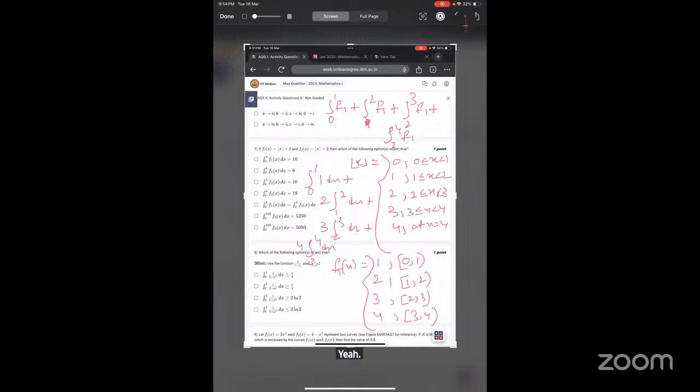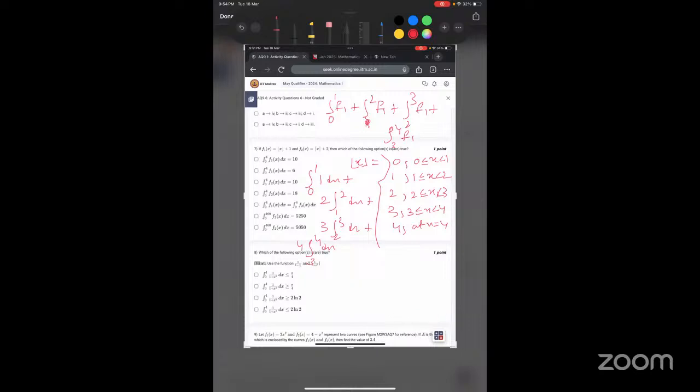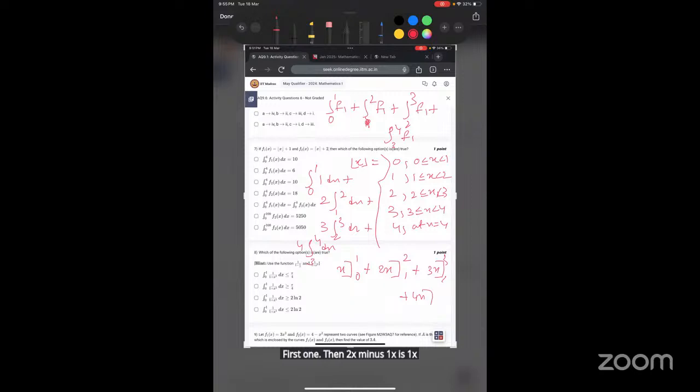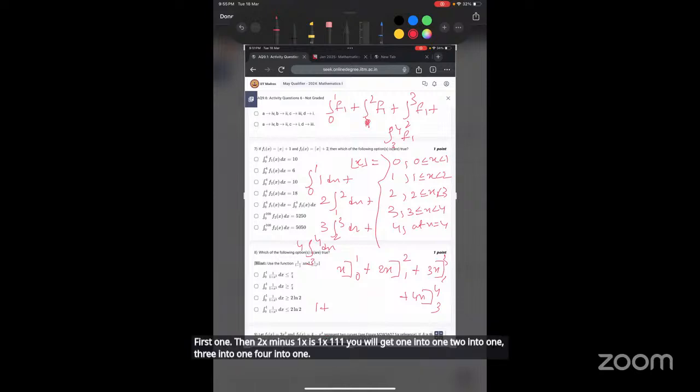Now what will we get from here? It will be x. You have to put 0 and 1. So that will be 1x for the first one. Then 2x minus 1x is 1x. You will get 1 into 1, 2 into 1, 3 into 1, 4 into 1. Wait.